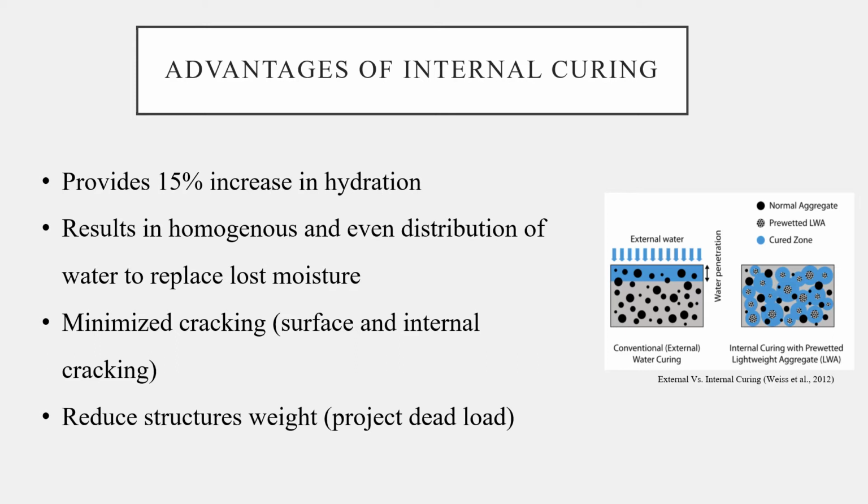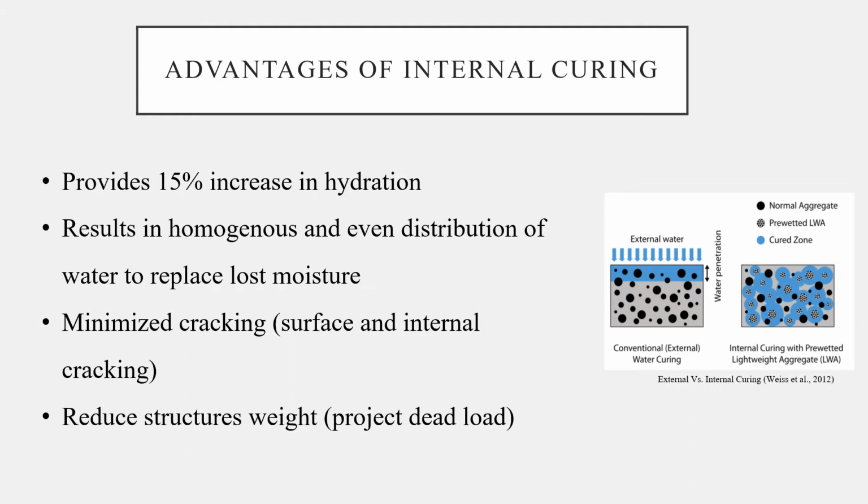So in internal curing, we use an agent embedded in concrete during mix design. Normally, this agent is a pre-wetted lightweight aggregate mixed with the concrete along the depth of the poured surface, so it provides water in a homogeneous manner so that every portion of the poured concrete section receives the same amount of curing.